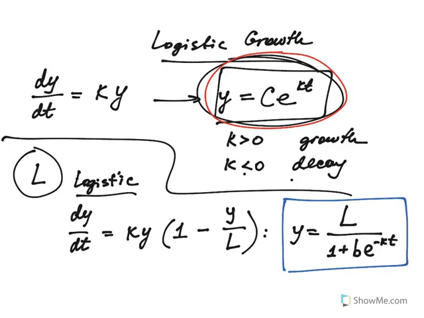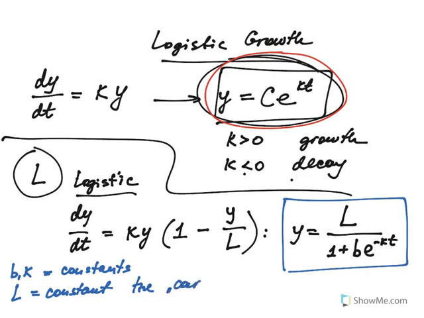Now, b and k, in this case, are constants. L, in this case, is a constant also, but it has a specific name, and we call it the carrying capacity.